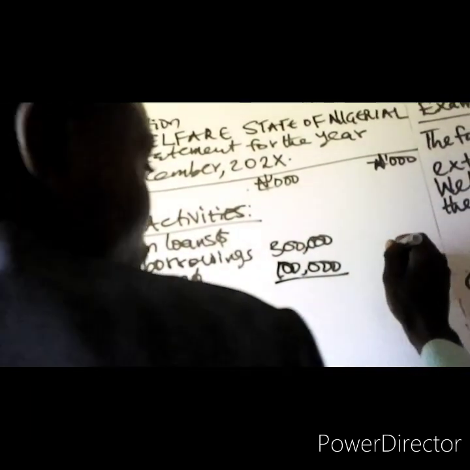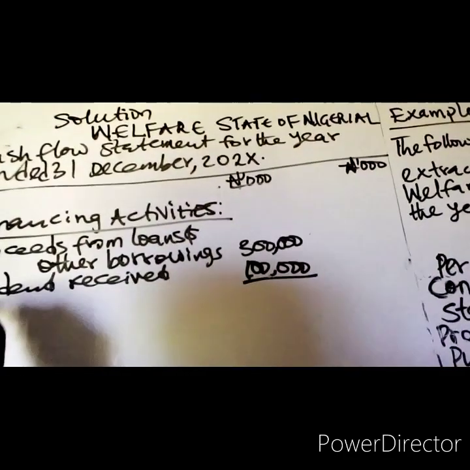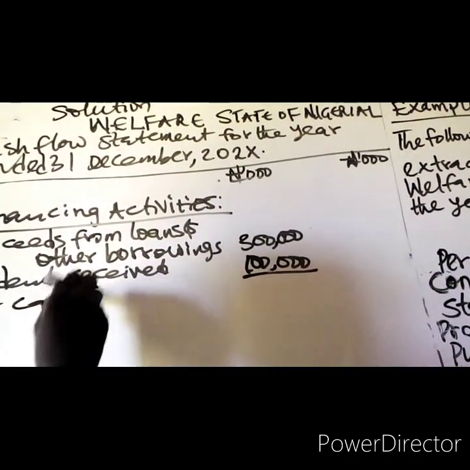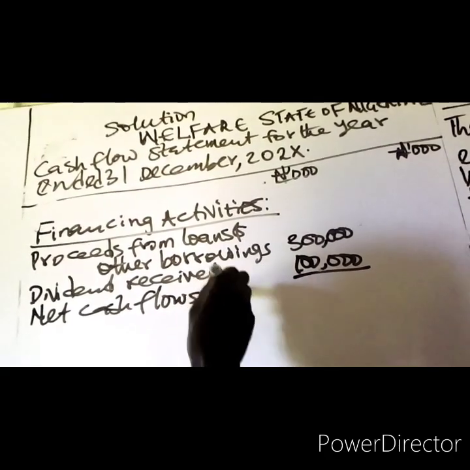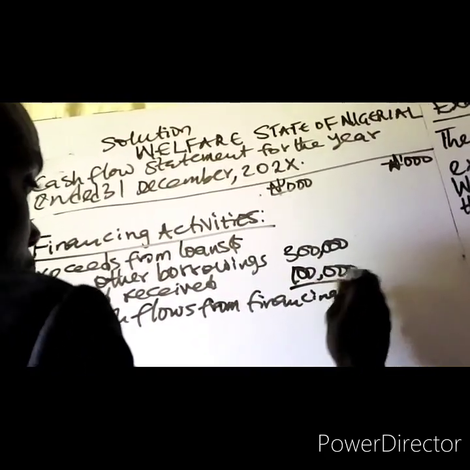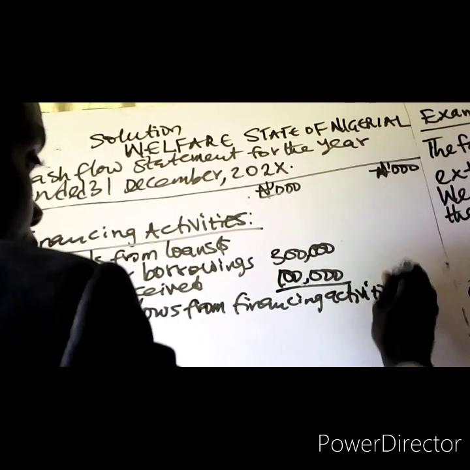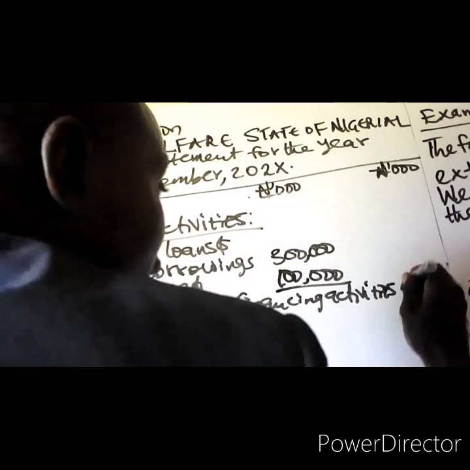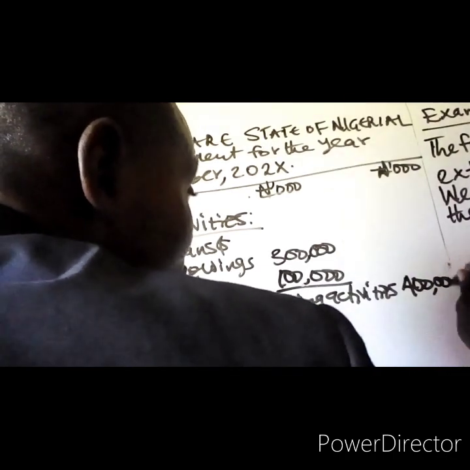When you sum it up, you have it to be 400,000. That is net cash flows from financing activities, and that will be 400,000 inflows.